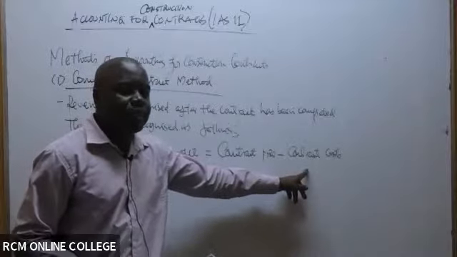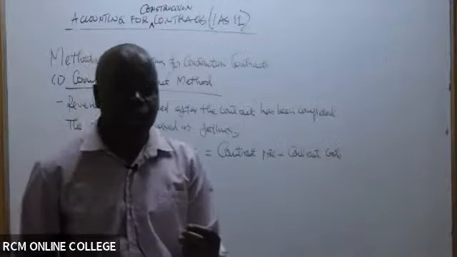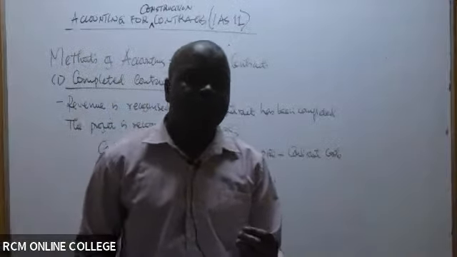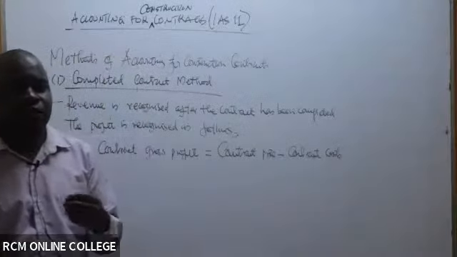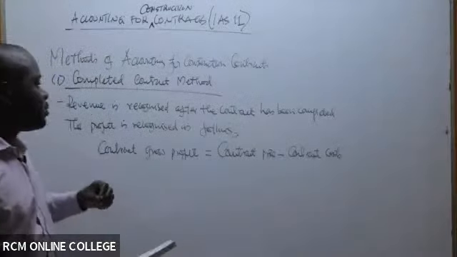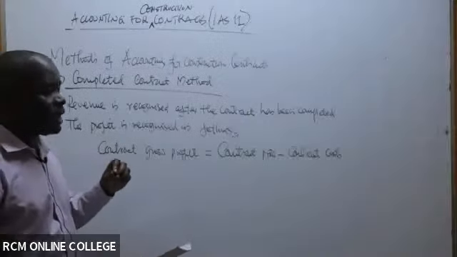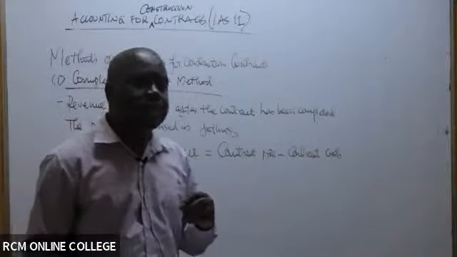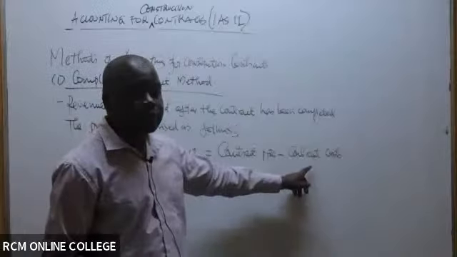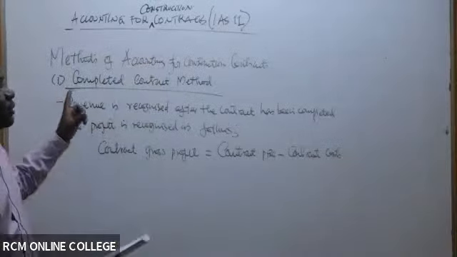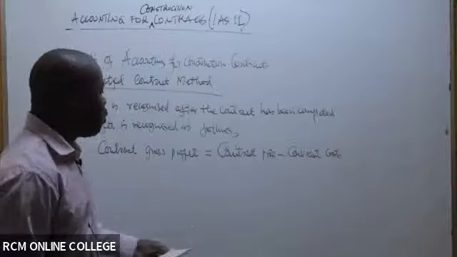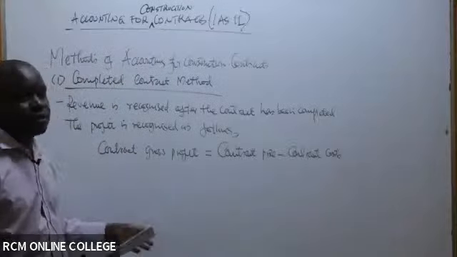There are those contracts that sometimes it is a bit difficult to value, even what will likely be involved in each and every cost item utilized in that kind of contract. For those ones, you cannot determine the contract price in advance because you don't know the exact costs. So in this case, you'll end up adopting the completed contract method to account for it, to know what could be your gross profit as a contractor.